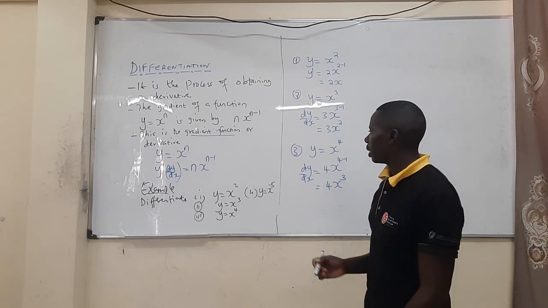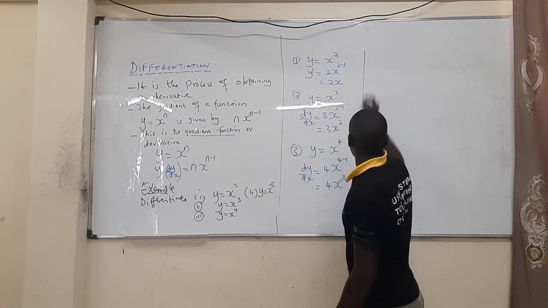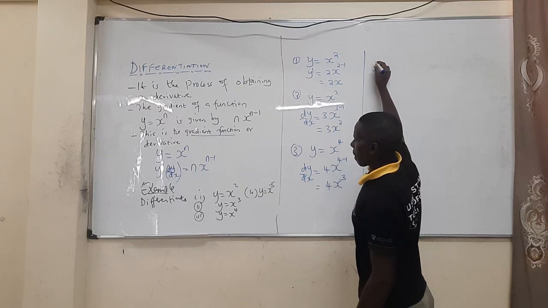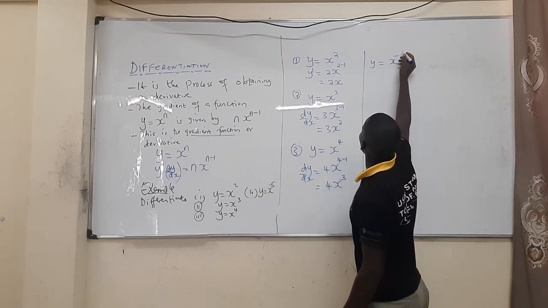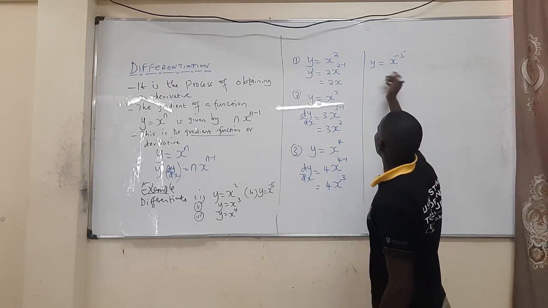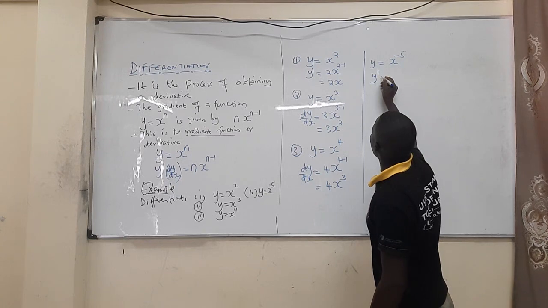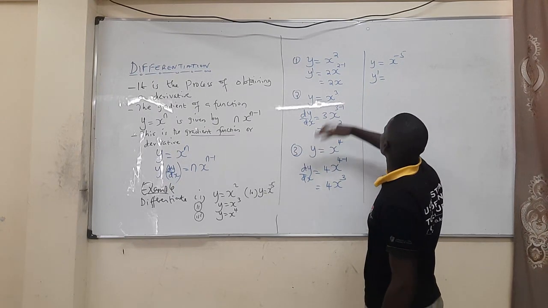Lastly, the other example that you can have here is y equals x power minus 5. For us to differentiate this, we have y prime, that is the derivative, dy over dx.